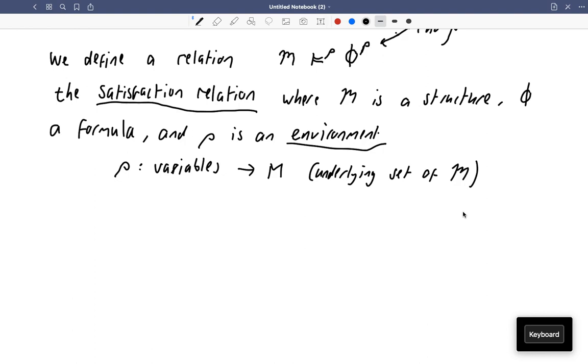They were built up from atomic formulas, which were formulas formed using a predicate symbol, either from the signature or the equality predicate. And those atomic formulas that involve predicate symbols, the arguments to them, the parameters that you give, were given as terms. And the terms were built up from variables and function symbols. So in order to interpret formulas, we first need to interpret terms. This is in order to define the satisfaction relation.